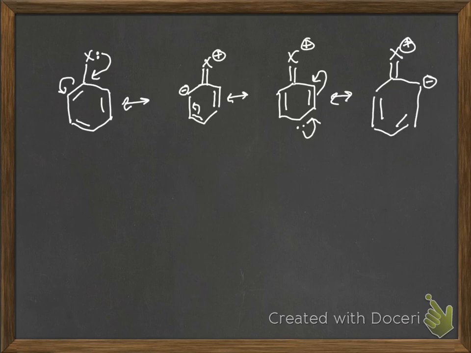Now, if we do the resonance hybrid for this, solid lines wherever there are sigma bonds, dashed lines where there are pi bonds being either made or broken, and finally this with the partial negative charges on those three carbons.